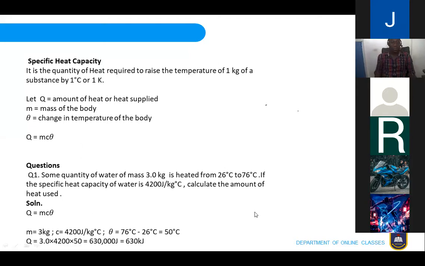And the theta represents a change in temperature. So the theta over there is going to be 76 minus 26. If you do 76 minus 26, you will get 50 degrees Celsius.